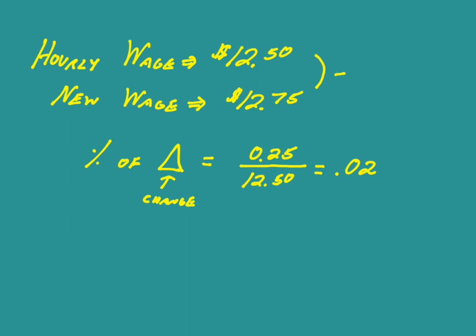So changing a decimal to a percent, we move the decimal twice. And we found out that we got a 2% raise. Now, somebody that makes less than $12.50 getting a 2% raise is going to get less of a raise because it's 2% of what the original wage was. That's how percent of change works.